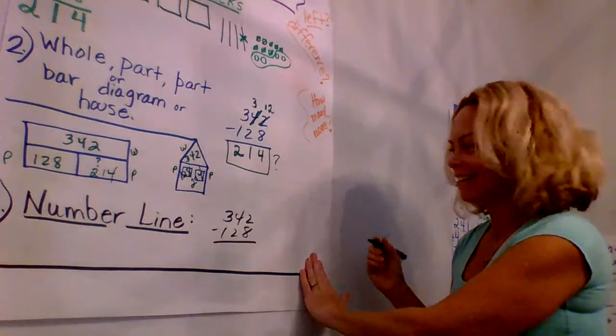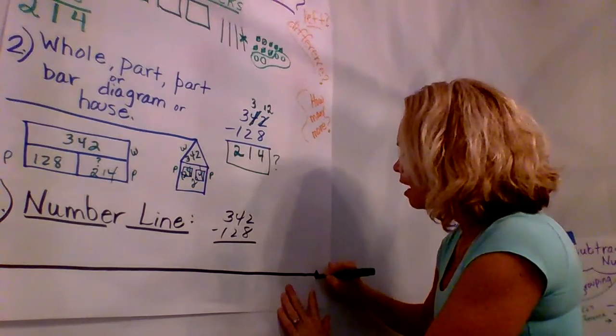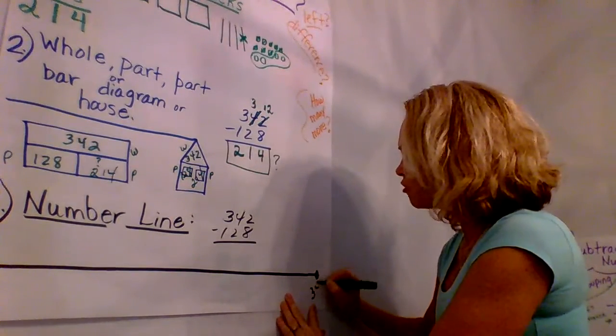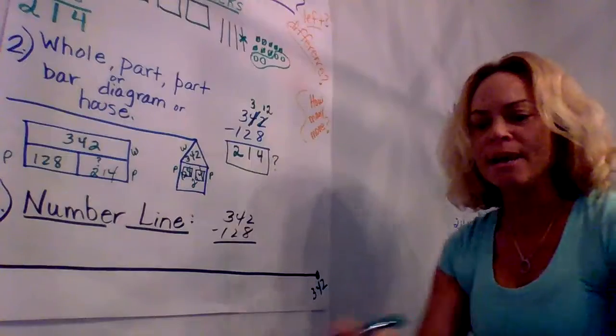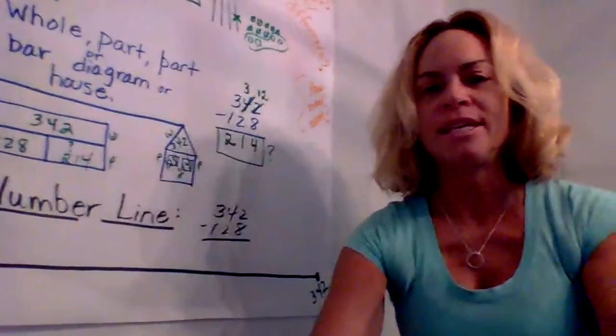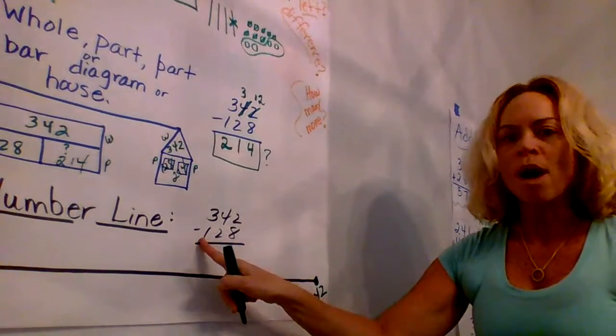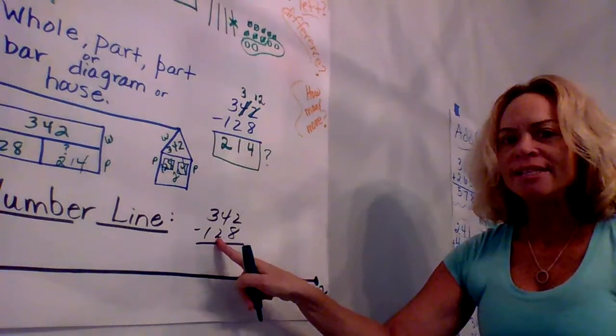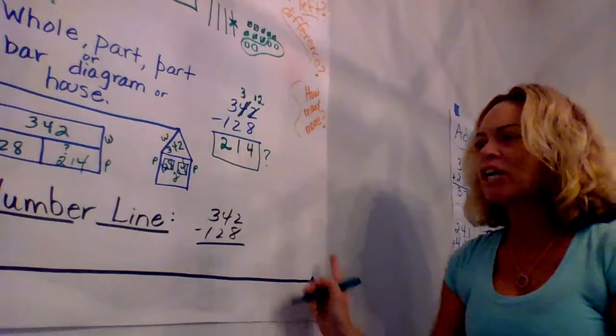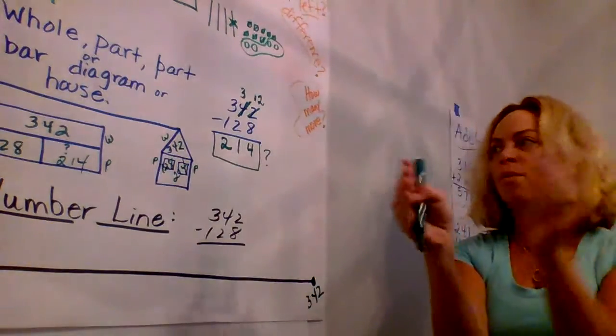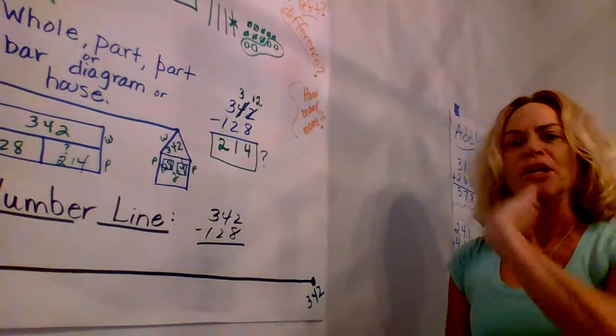We're not adding. I'm going to plot my 342, the greatest number. Now, I'm going to take away 100, 2 tens, and 8 ones. I'm going to go backwards because I want to end up with a small part.